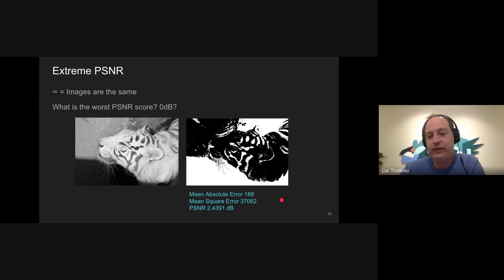And if we remember our surfaces from before, this creates the maximum distance between the images that we can produce. So the biggest volume possible. We see this here at 2.49 or 43 dB, which is the minimum score you could get with this image. And just to give you an idea, that's a mean absolute error of 188. So for each pixel, you're off by 188, which is a lot.